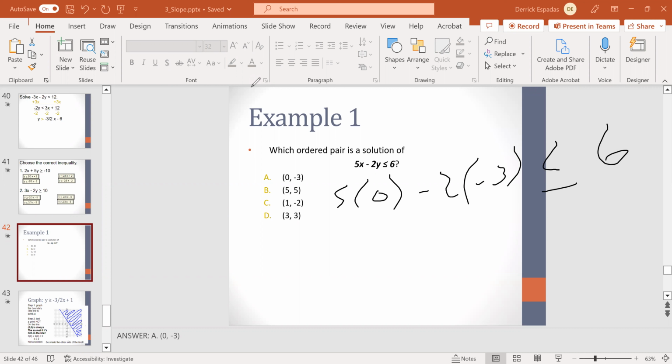So 5 times 0 is 0, we love it. -2 times -3 is 6. A negative and a negative make a positive. Look at that, first try. So this is a true statement because 6 is less than or equal to 6. So we hit it on the first one. 0, -3 is the correct pair to make that solution true.